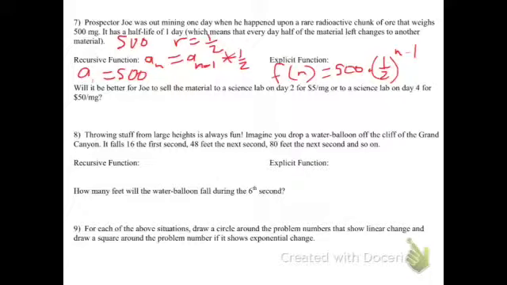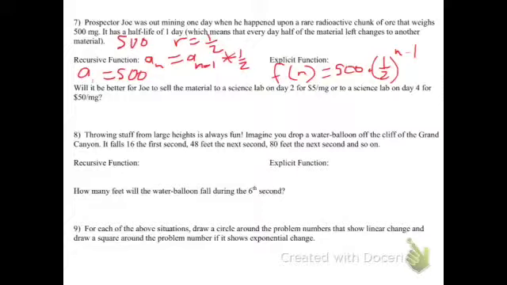Now we need to answer the question here. Will it be better for Joe to sell the material to a science lab on the second day for $5 a milligram, or on day 4 for $50 a milligram? Well, you have to figure out how much you would get on those respective days.